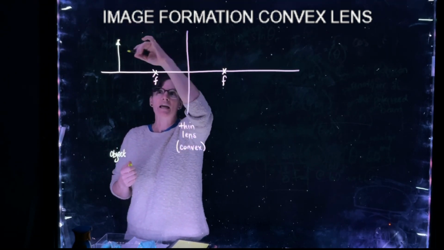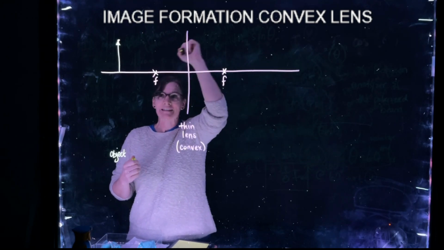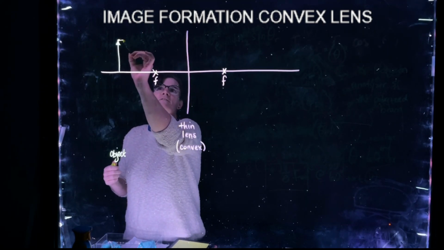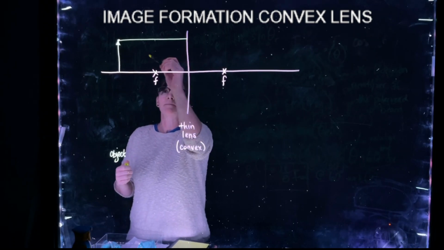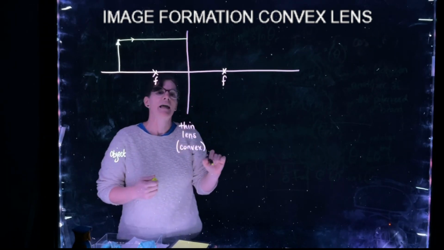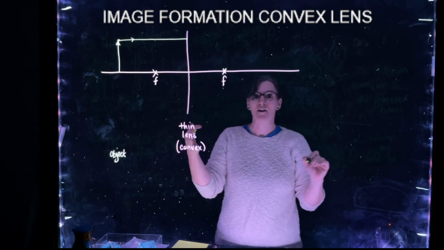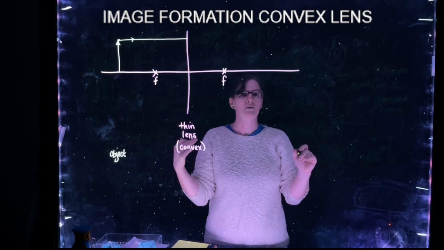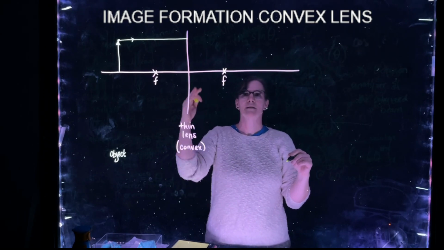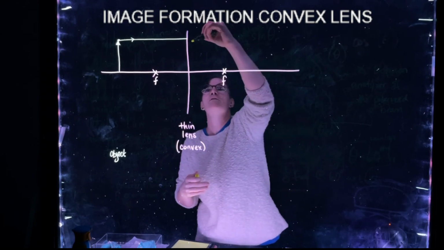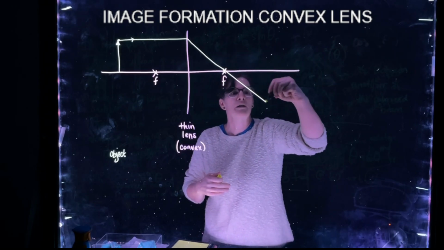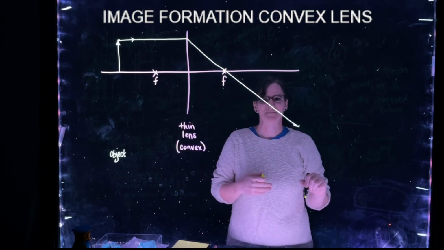So we know light is emitting its rays in all directions from the top of that arrow, and one of those rays of light is going to be parallel to the optical axis. Light, as you learned in our description of convex lenses, that enters parallel to the optical axis is refracted through the far focal point. So we're going to draw that refraction through the far focal point. All right?